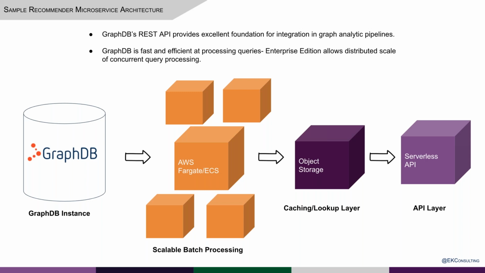One of the architectures we found success with uses an example from public cloud, which many of our clients are using. This is where we put our recommender script into AWS Fargate, into containerized applications that we can then horizontally scale and that talk to GraphDB to pull relevant information and then ultimately calculate the final recommendation scores, which are stored in a type of caching layer in object storage.